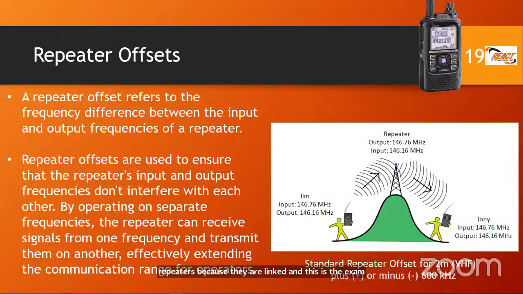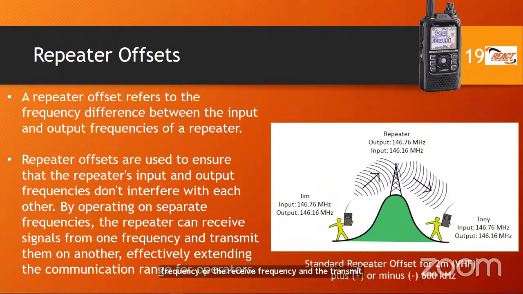Let's continue. We now come to the concept of repeater offsets. Again, this should not be strange to us. We did say that a repeater will receive a transmission on one frequency and retransmit it on another frequency. There is a rule of thumb in amateur radio that the difference between the input frequency and the output frequency, or the receive frequency and the transmit frequency, is usually a fixed value, by convention.